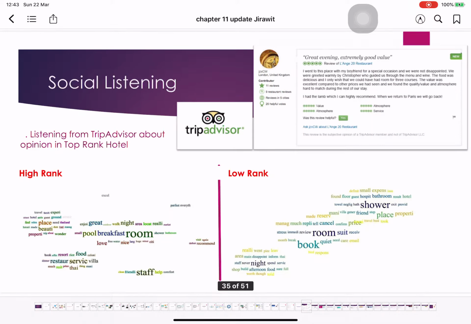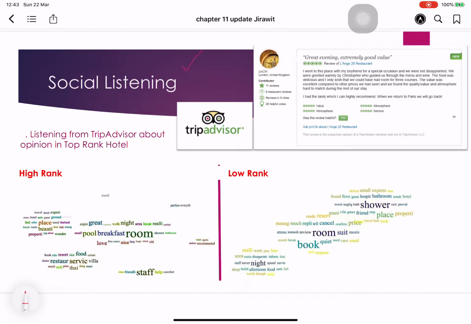We have social listening. For the application of TripAdvisor, we have a high ranking and a low rank. This is an application of what you may have heard about as tech mining.